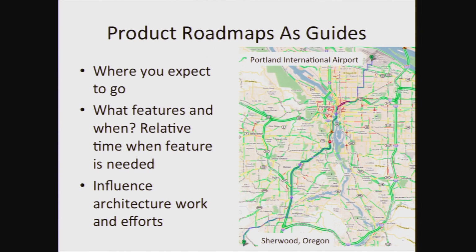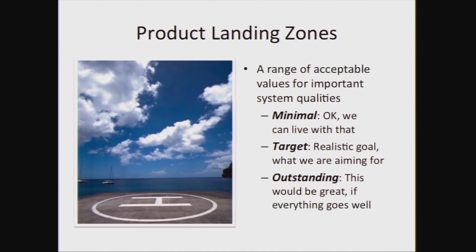It turns out there's a river, the Willamette River, and there aren't very many bridges over the river. So you have to make a choice fairly soon whether you want to go through downtown Portland or the longer way around based on the traffic, right? So if I have a roadmap, seeing what features are ahead, I'm going to make architectural decisions that support the path that we're heading on, and I'm going to plan for those kinds of activities.